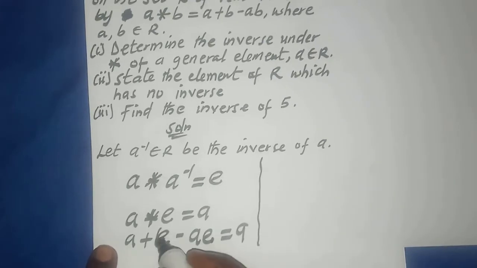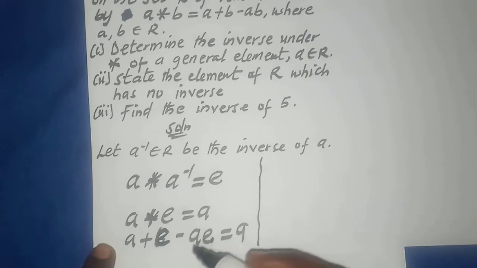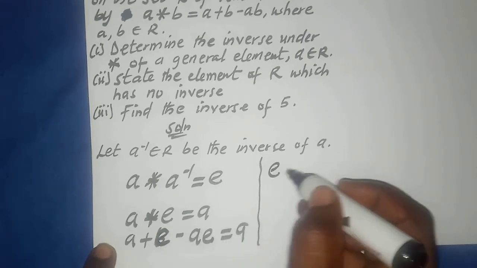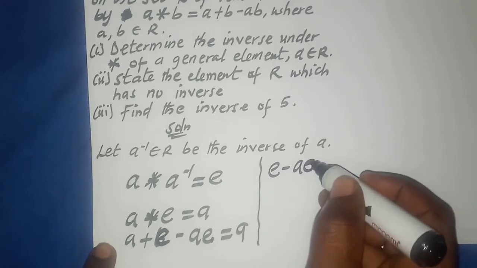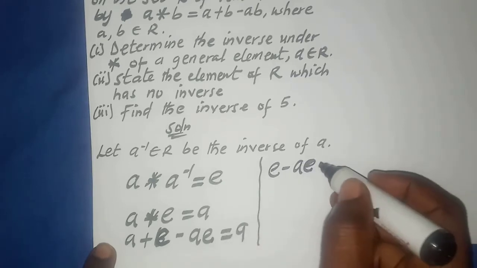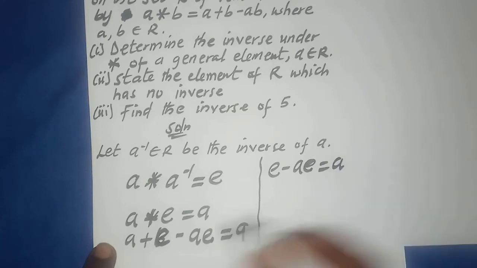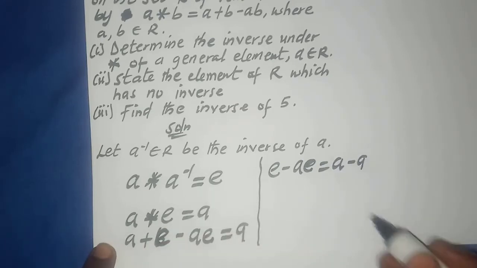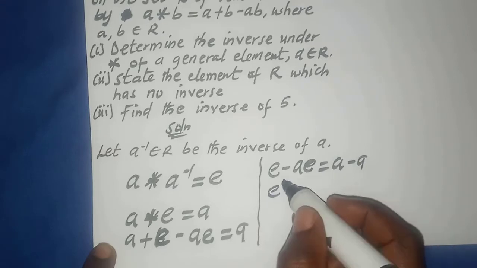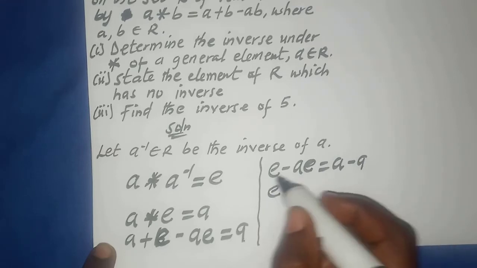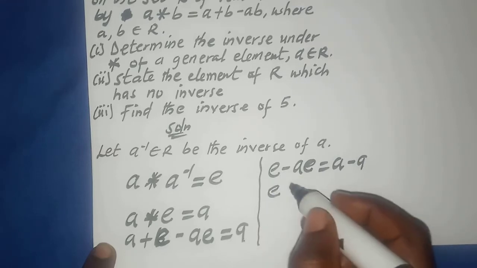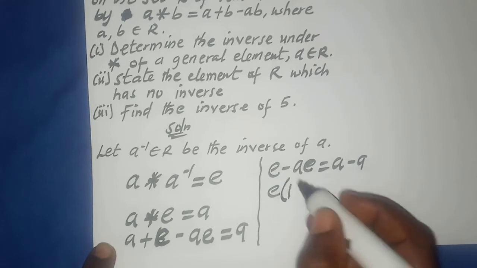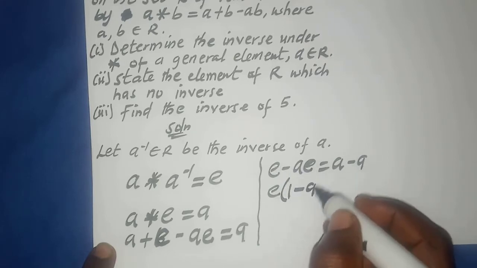So now we have to find the identity element E. Now let's group terms. So E minus AE on the left side is equal to A. We bring the A over here, so minus A. E is the common factor between the two terms on the left, so you factor it out. You're left with 1 minus A.